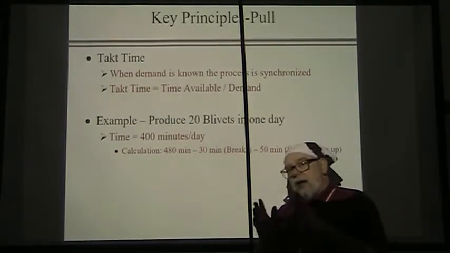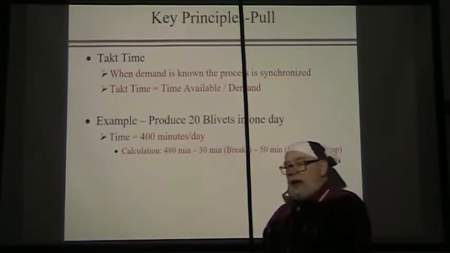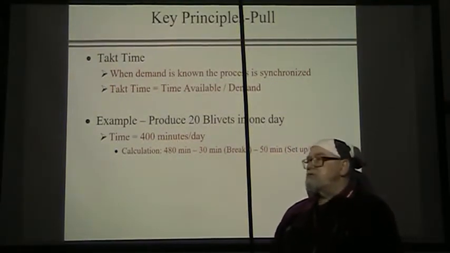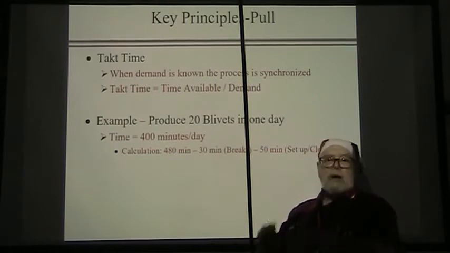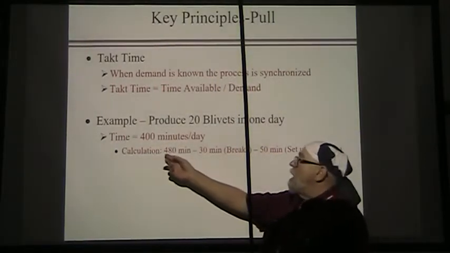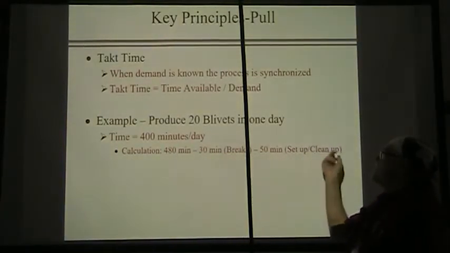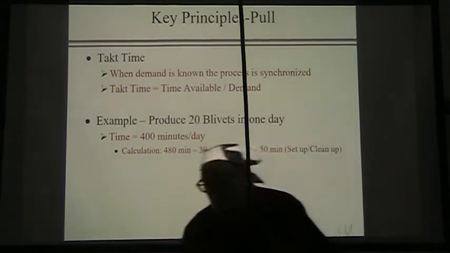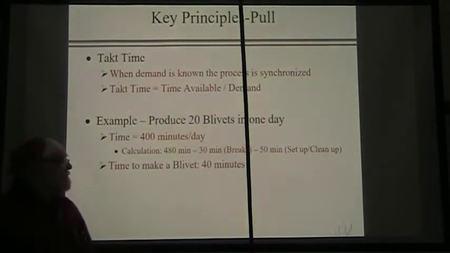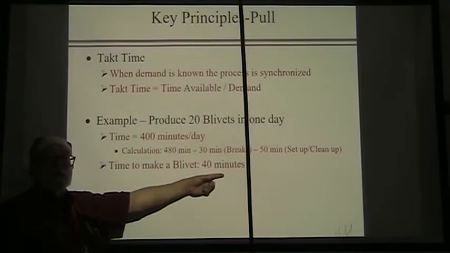We know an 8-hour shift is 480 minutes, and 80 minutes of this time we assume are used in breaks, lunch, setup, cleanup. So we have 30 minutes in breaks, 50 minutes in setup and cleanup. Apparently I should have been paying more attention. So the time to make a blivet is 40 minutes.